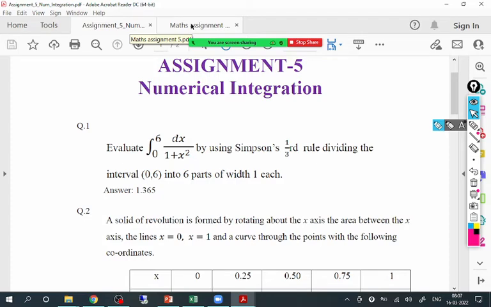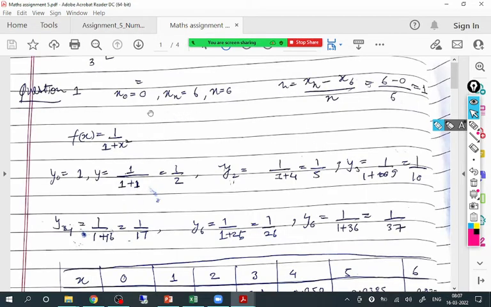Generally there are 7 values and 6 parts, because x0 is 0 and x6 is 6. So if you count x0, x1, x2, x3 up to x6, that becomes a total of 7 values. Here it is written: x0 is 0, xn is 6, n is 6 and h is 1. That step is already given.